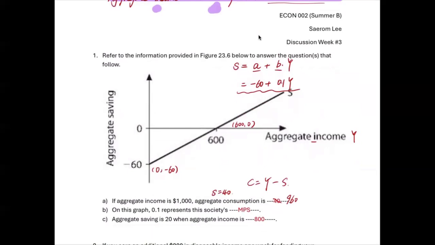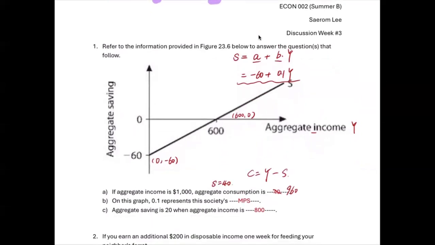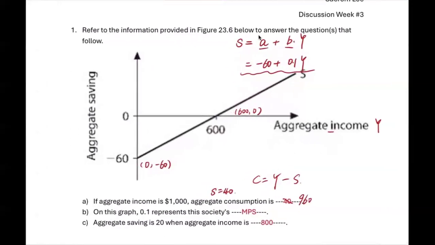So for b, on this graph, 0.1 means what? 0.1 is from here, right? This is the slope of it. It's called the marginal propensity to save, okay?